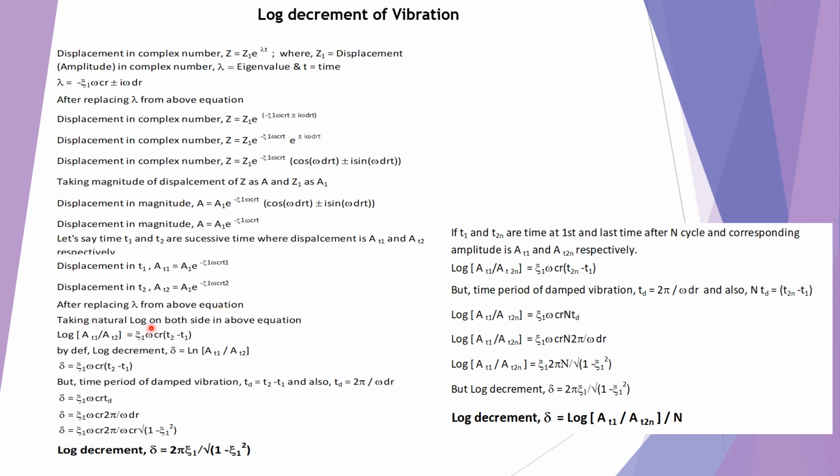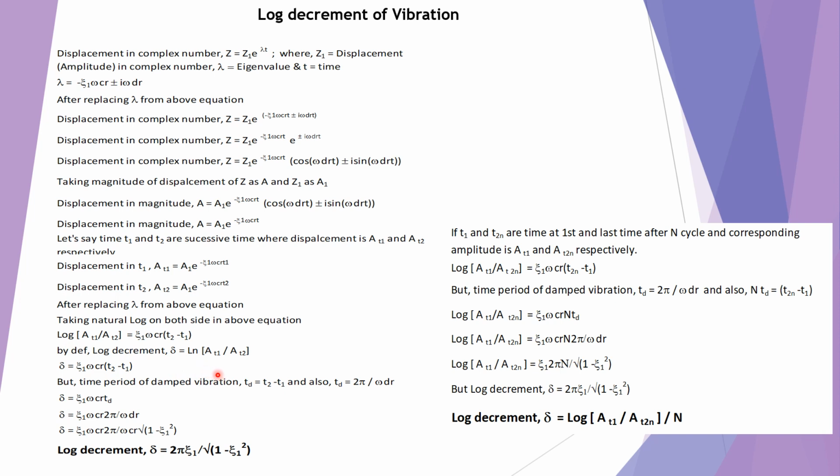Taking the natural log of both sides, we can write log AT1 upon AT2 is equal to zeta 1 omega cr into t2 minus t1. By definition, log decrement is delta, the natural log of AT1 upon AT2. Log can be written as ln.